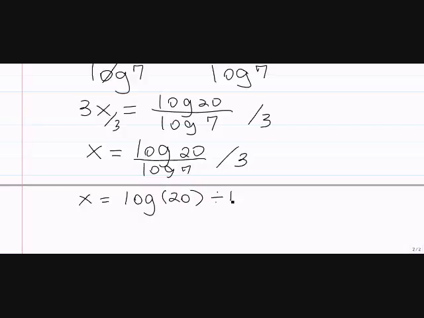Divided by, hit the log button again, it comes up with the parenthesis again, put in the 7 and close the parenthesis. And we're going to divide that whole thing by 3. In order of operations, that keeps it nice and clean for us. Divided by 3.